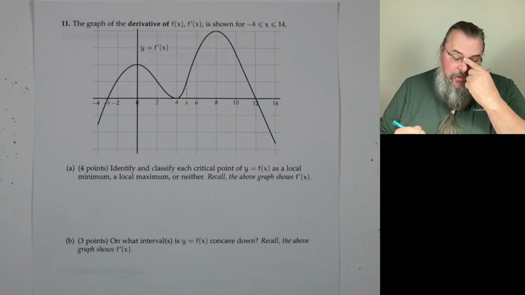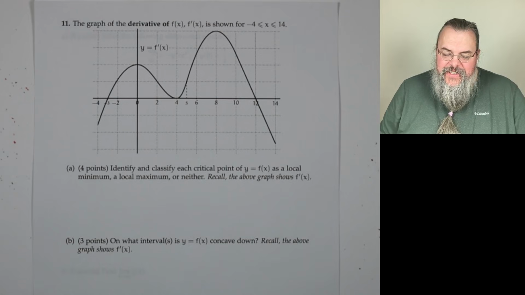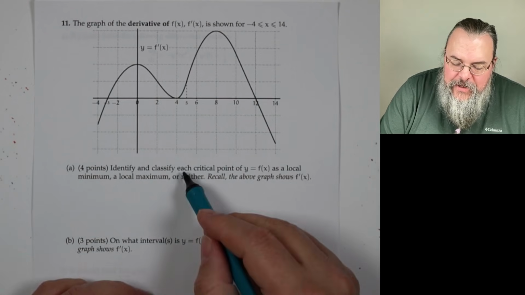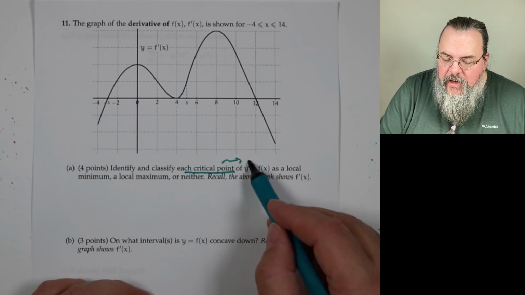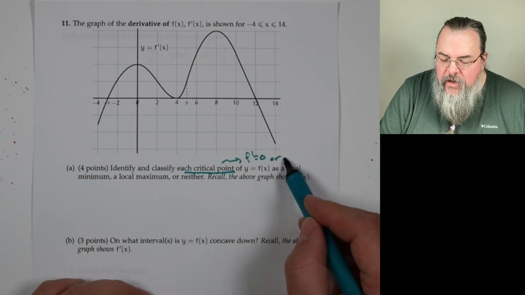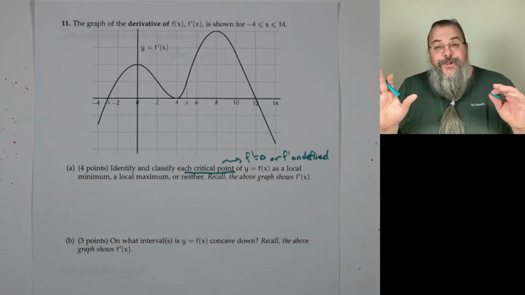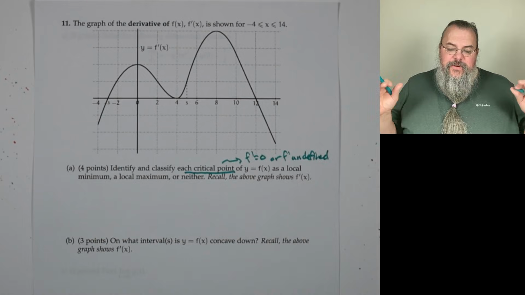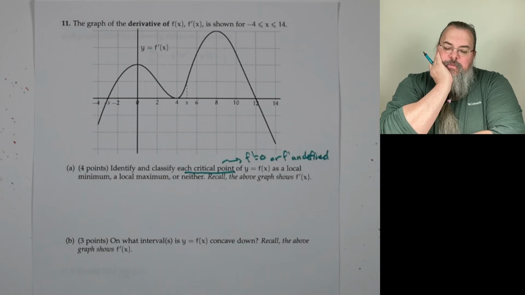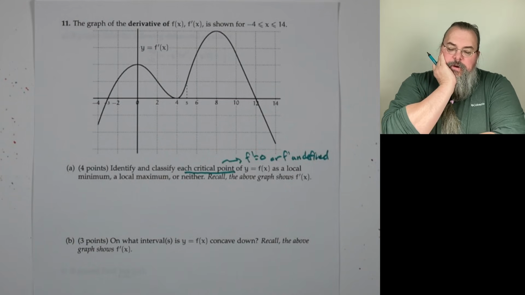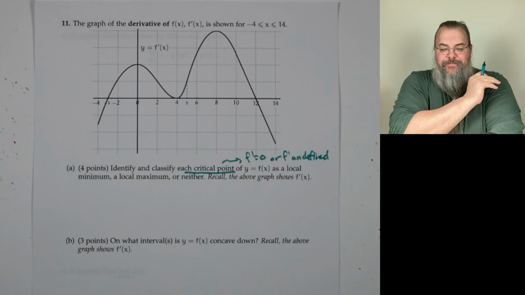Well, we're looking for where the critical points are. If we go by the book's definition, critical points are where f prime equals 0 or f prime is undefined. Now, the book does not include the endpoints, and so that's why I was wondering if we include endpoints or not. So technically, if it just says critical points, we don't have to worry about endpoints. Endpoints are interesting, but for us, we won't worry about them.